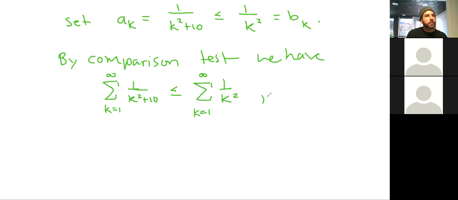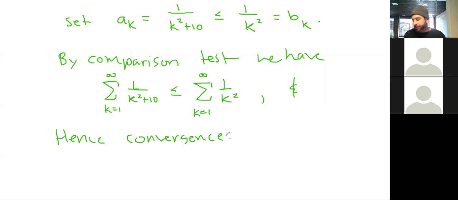So we have this, and hence convergence. So this is how you use the comparison test. You find a series that you can compare it to, but you can't just choose any old series. You have to have one that you either know converges or diverges.